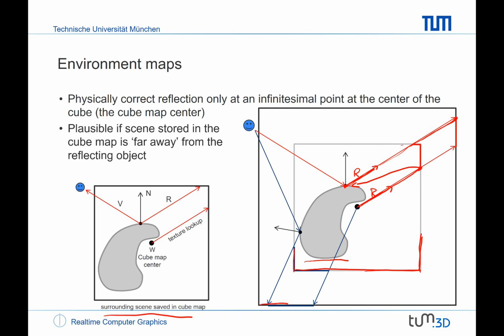If we look at the enlarged cube map and do the very same, then at least the vector R is mapped into the right cube map texture.